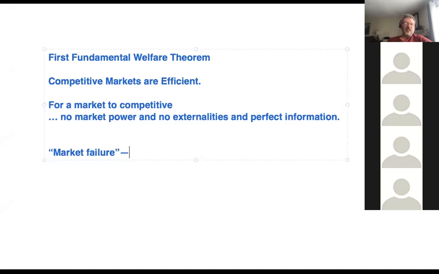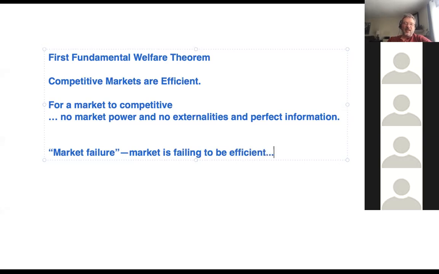If you weren't an econ major, you could think that there were lots of ways for markets to fail, but really what it means is that the market is failing to be efficient.